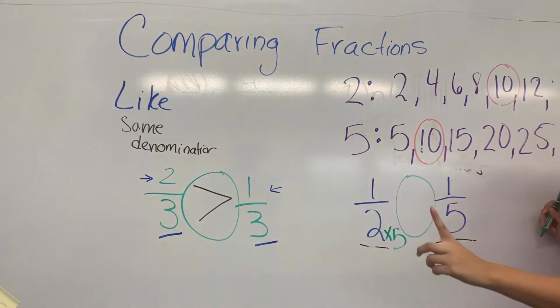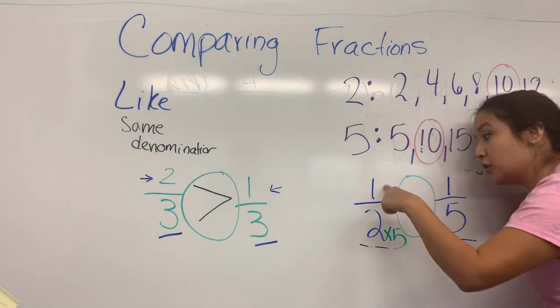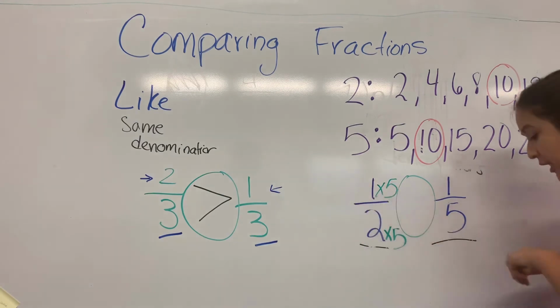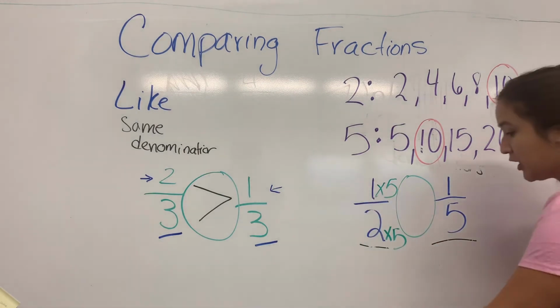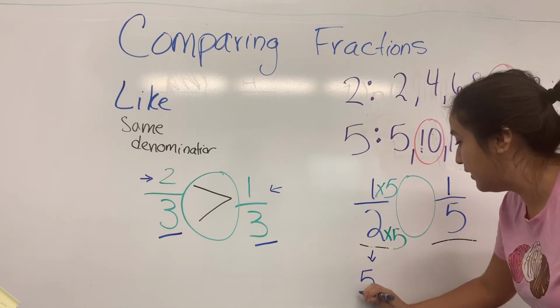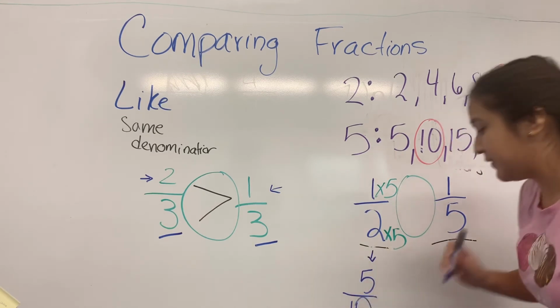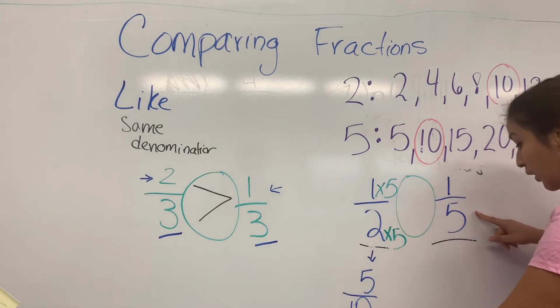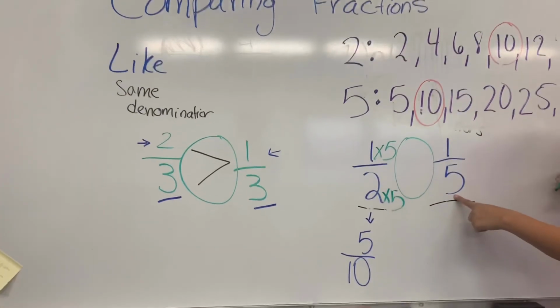And just like equivalent fractions, we have to do it to the top. Okay, what does this fraction change into? Changes into 5 tenths.